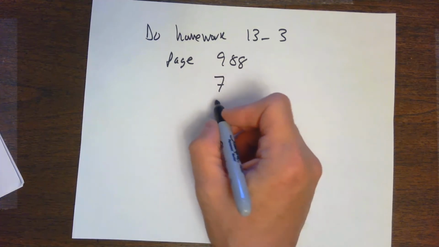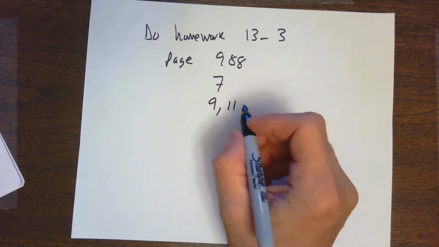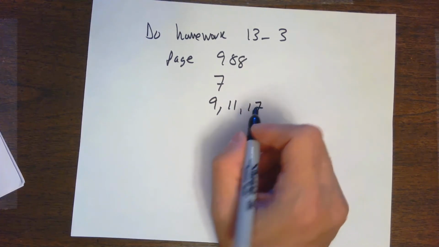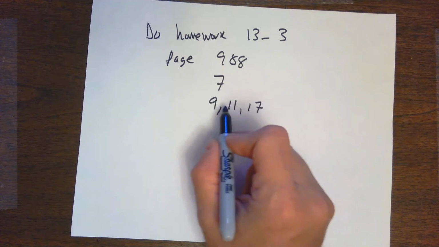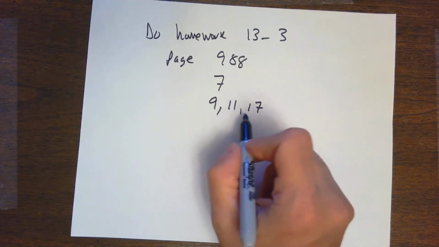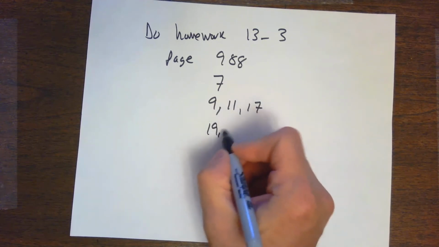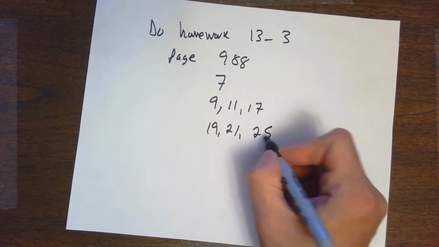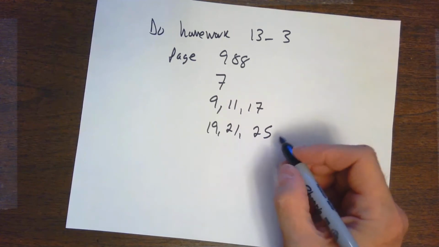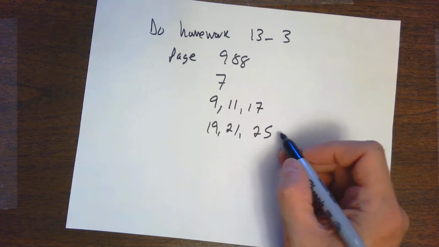And then I want you to do 9 and 11 and 17, which are generating, writing the first 4 terms out. So you're going to just look at it, plug 1, 2, 3, and 4 in, and find the first terms there. And then I want you to do 19 and 21 and 25, which are finding a formula, and then using a formula to find the 5th term.